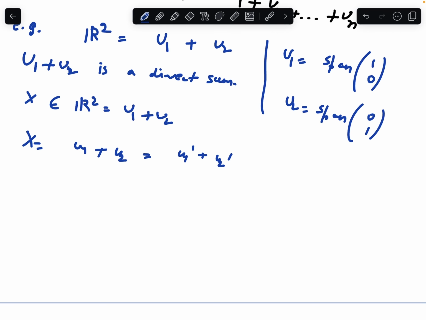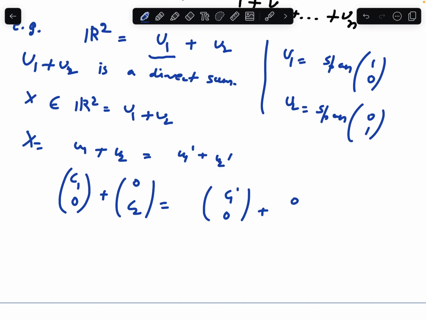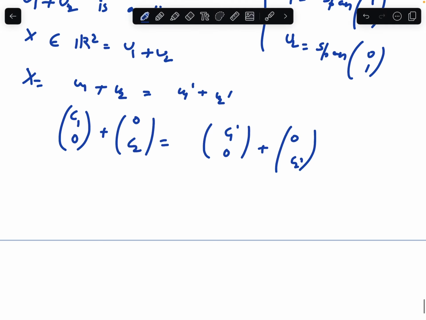Well, u1 is from U1, so it is of the form (c1, 0). And what is u2? It is of the form (0, c2). u1 prime is (c1 prime, 0) plus (0, c2 prime). Add this up and you get (c1, c2) equal to (c1 prime, c2 prime).